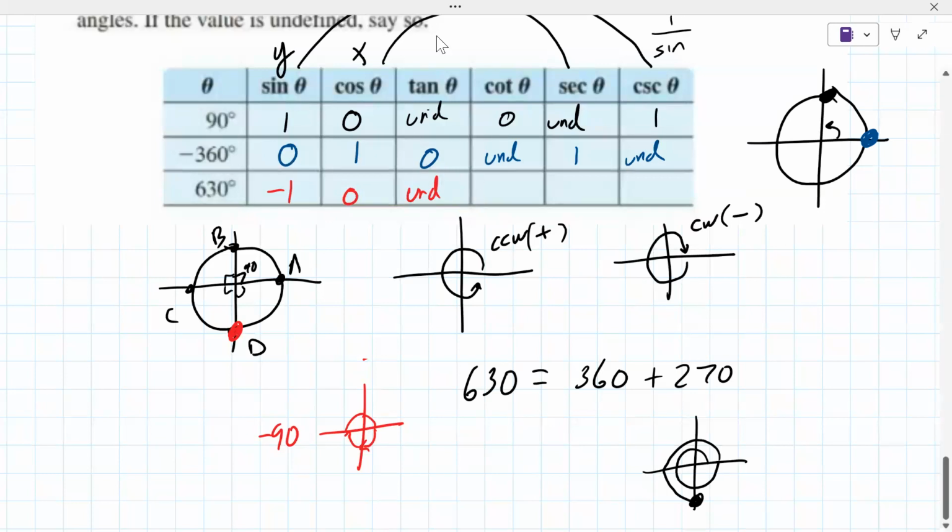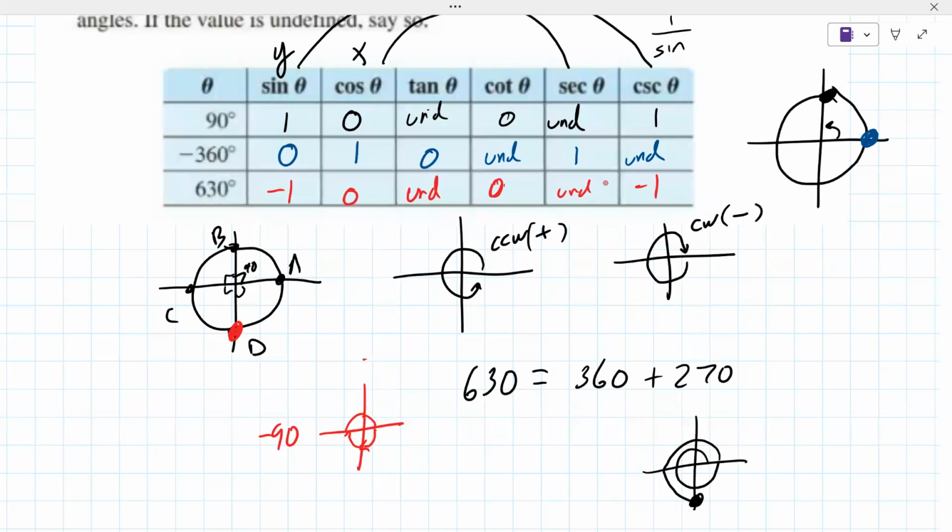It should match up with the first one more or less. Then it'd be 0, undefined, and -1. Good.